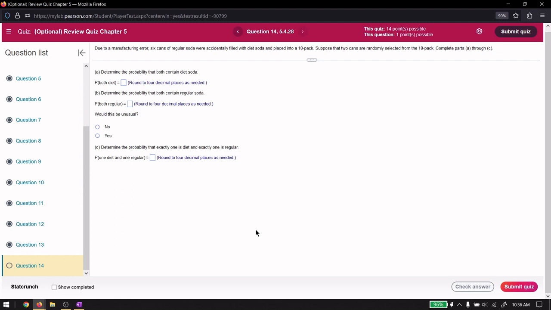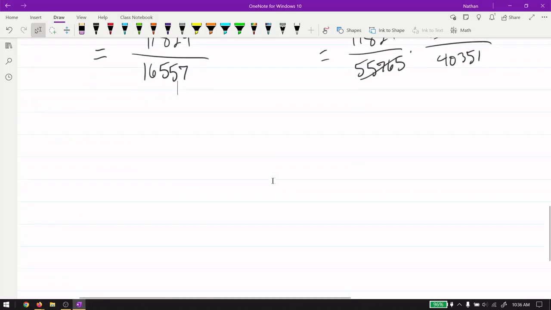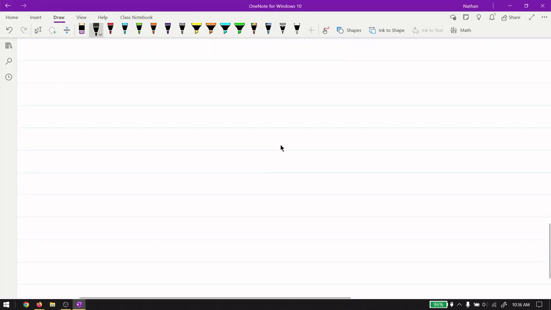So think about the first can that's drawn. There are 6 cans that are diet soda out of an 18 pack. So 6 out of 18 is the probability that your first can is going to be diet. So you take that out, and now what's the probability of the second can being diet? We multiply, because these events are in succession.